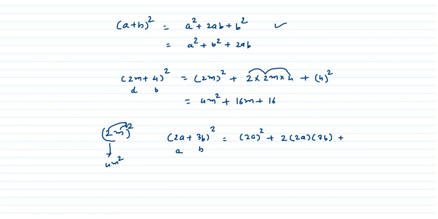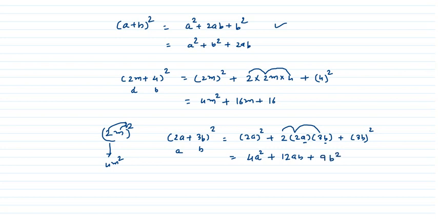Then second term whole square, 3b whole square. So what you can write is 4a square, not 4a. Again I am saying, plus 2 twos are 4, 4 threes are 12. That is your number multiplication. You are left with the variables a and b, which is ab, plus again 9b square.